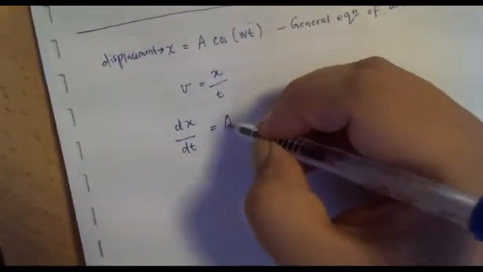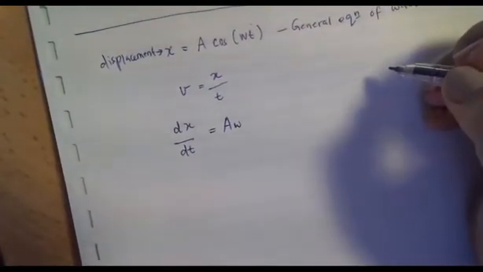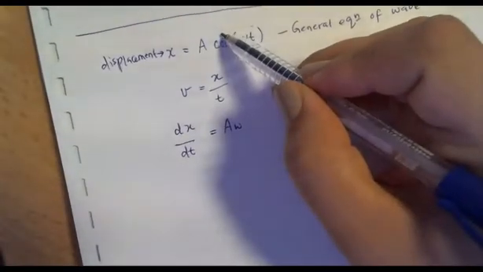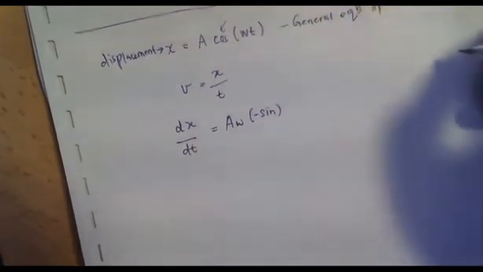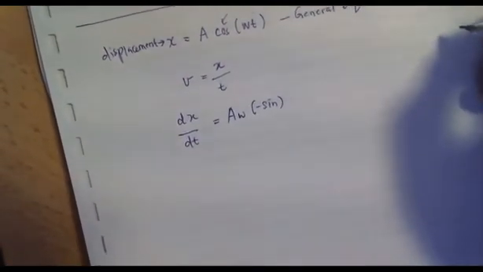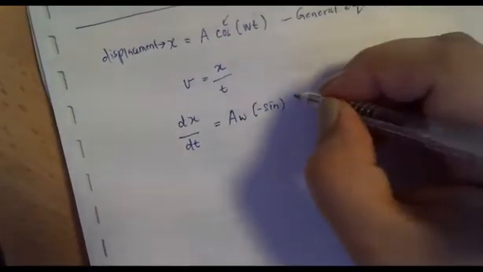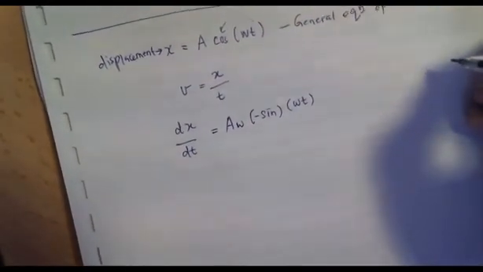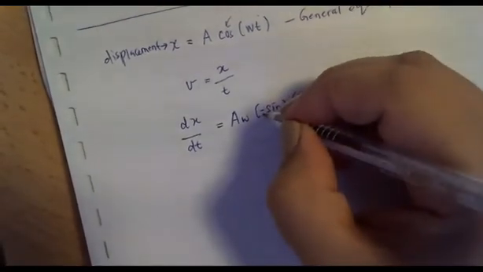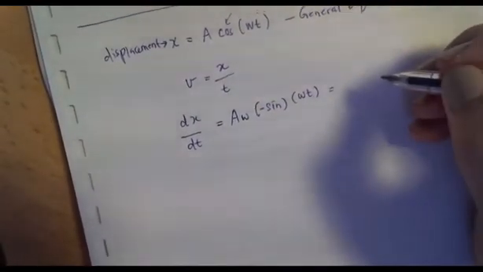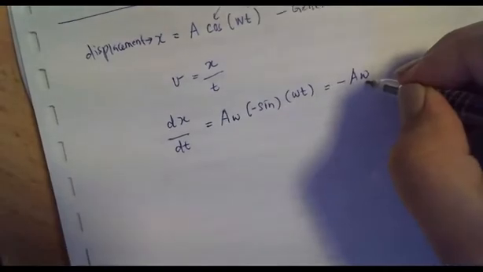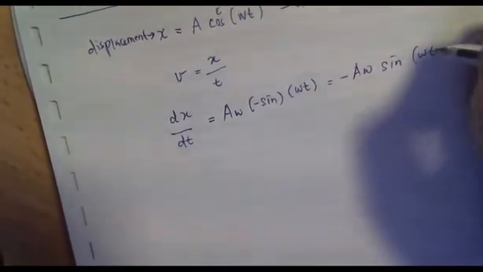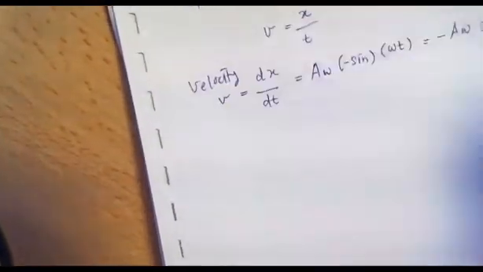That omega will be multiplied with my amplitude, and when I differentiate cos, I will get a negative sign. This is the rule of mathematics, so I hope you know these basic derivations. Then comes omega t. Simplify it so the negative sign goes to the front of the amplitude, and it becomes negative A omega sine omega t. This is the equation of velocity in SHM.